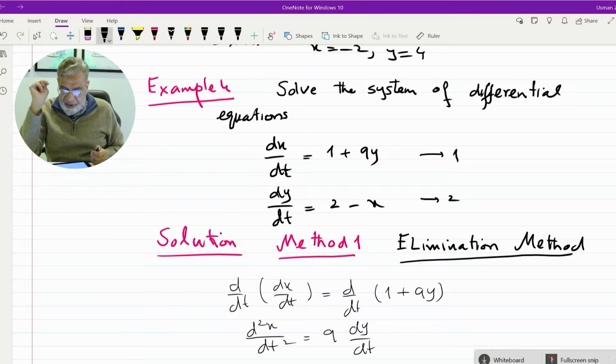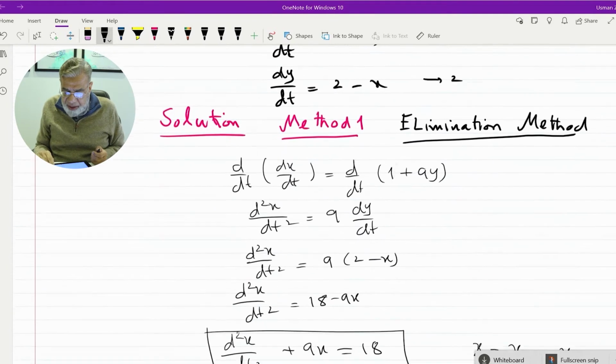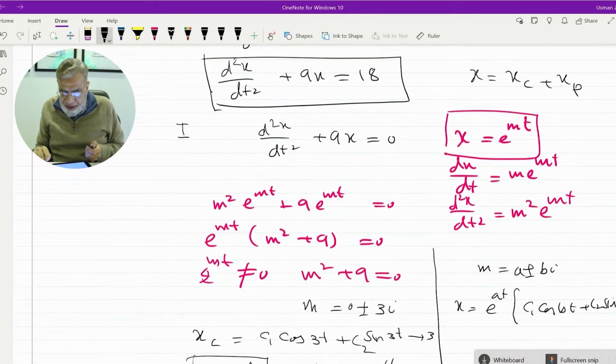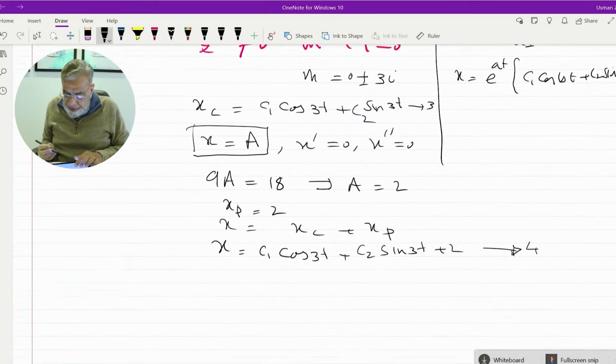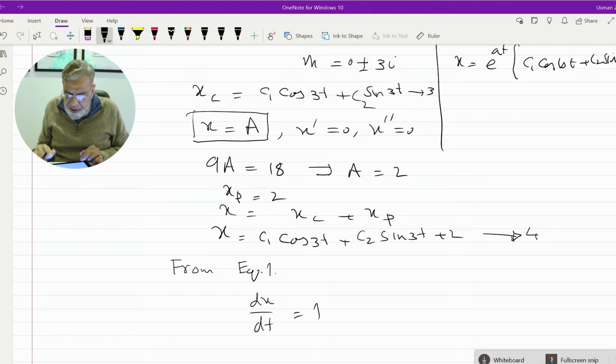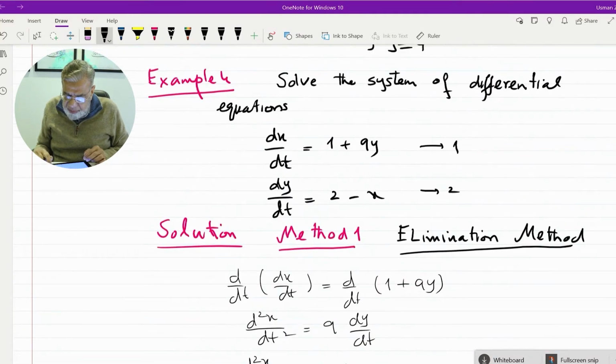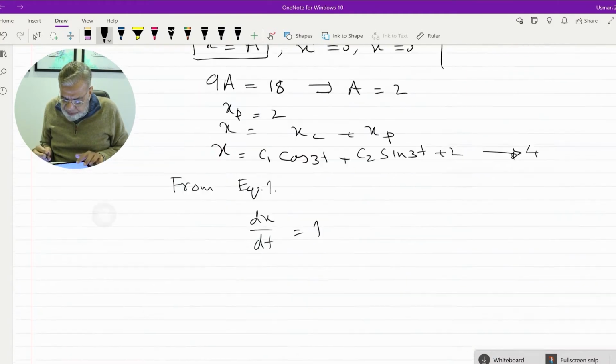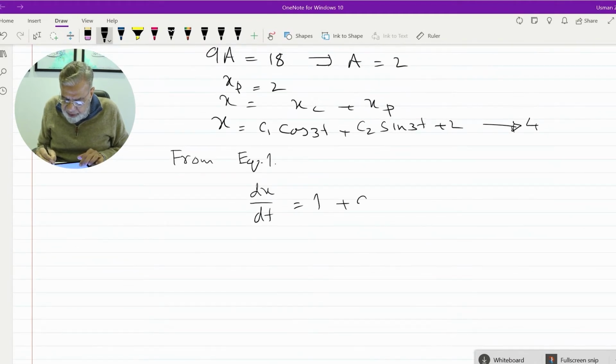For example, if I substitute the value of x in equation 1, then I will get the value of y. From equation 1, we have dx by dt is equal to 1 plus 9y.